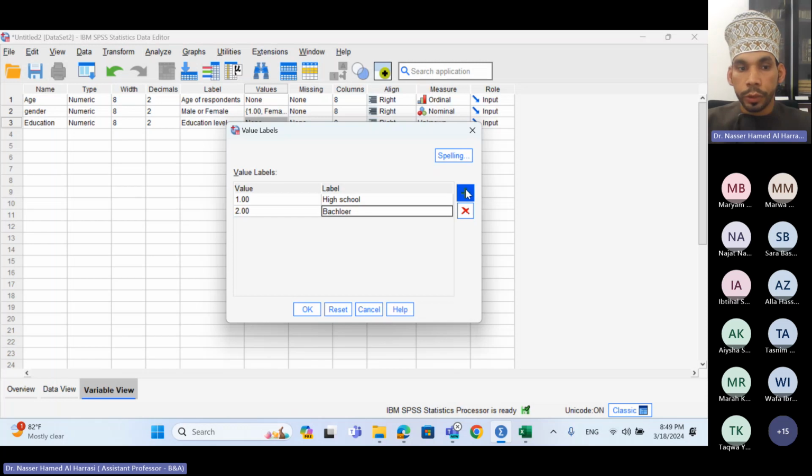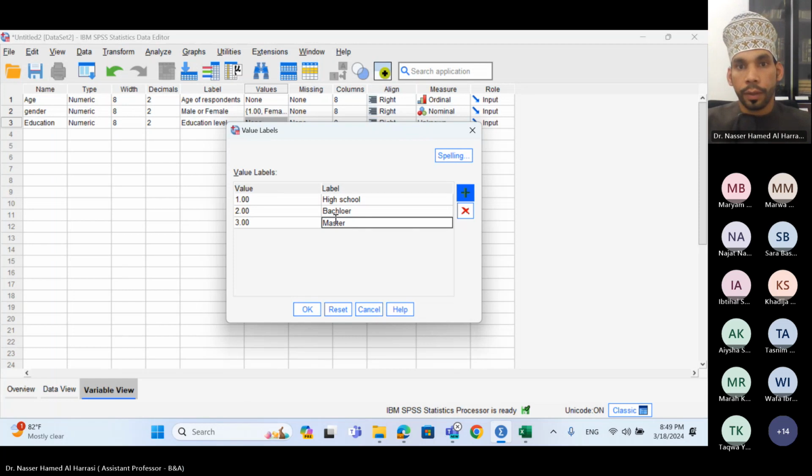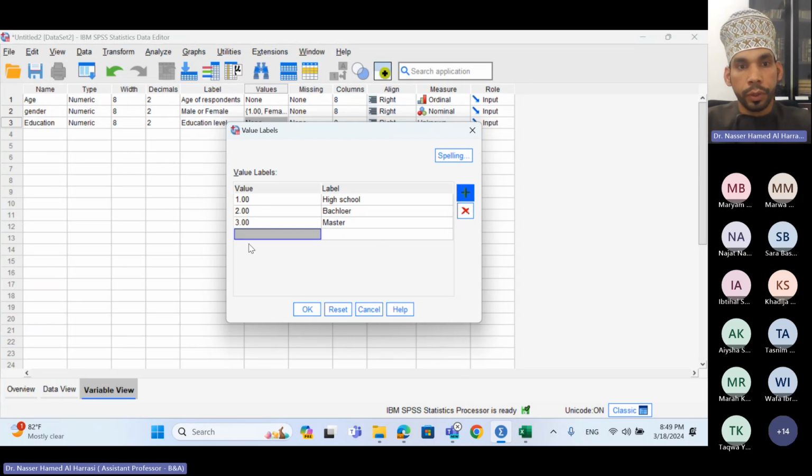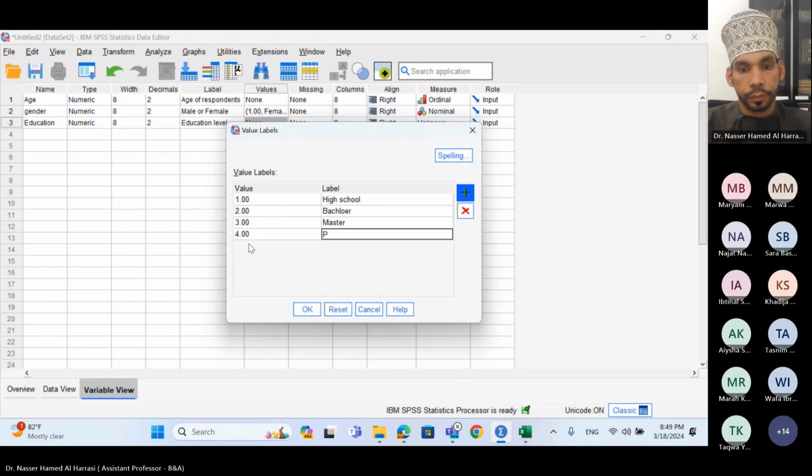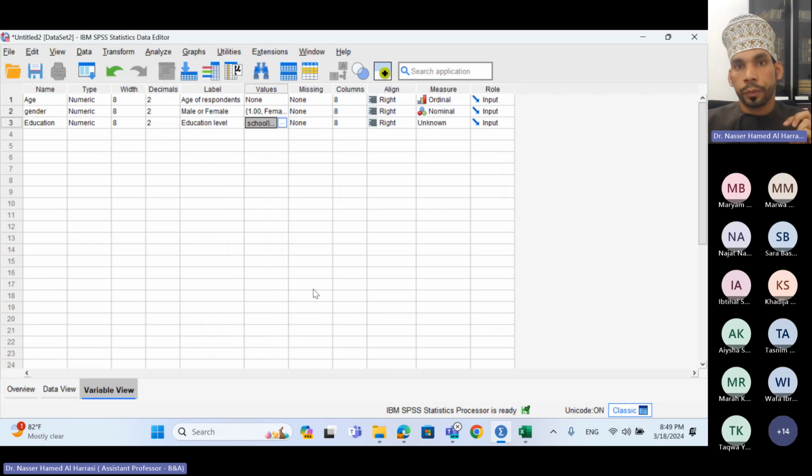Then number 3 equals master. Then number 4 equals PhD. Then click OK. Here again, we are going to choose nominal. We have done with the demographic questions.